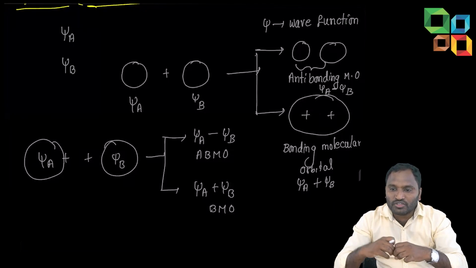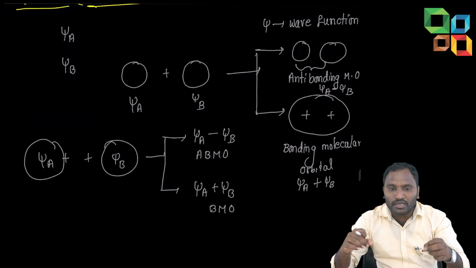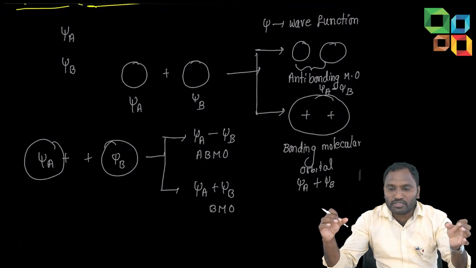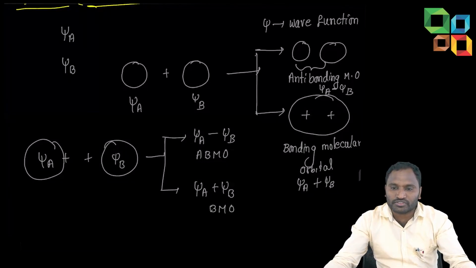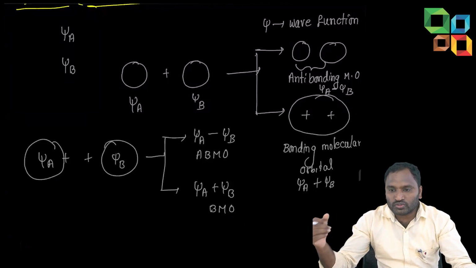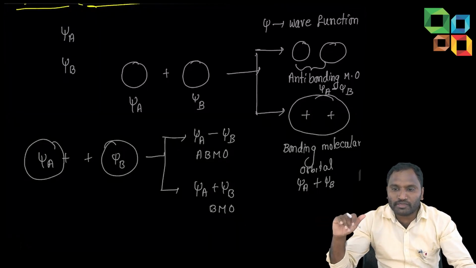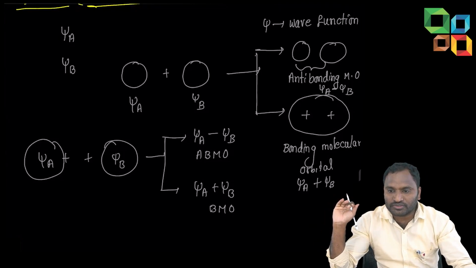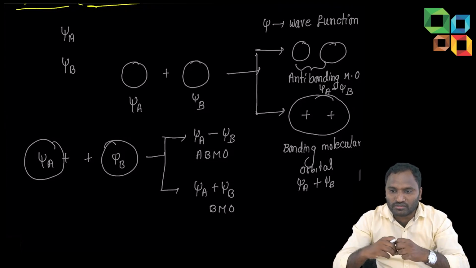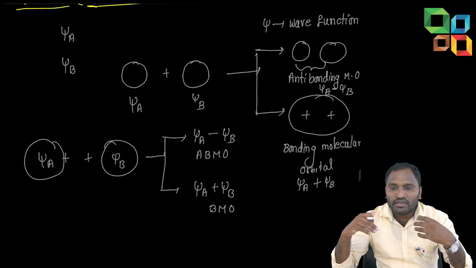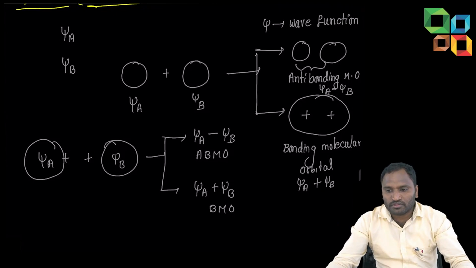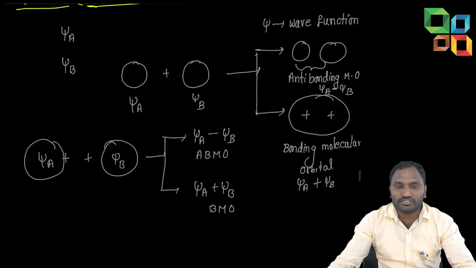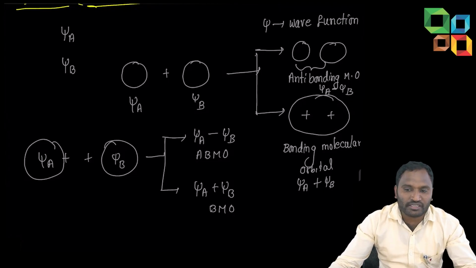Once they form a bond, they lose energy. Formation of bonding molecular orbitals is like an exothermic process. They lose energy, so the energy of a bonding molecular orbital is less than that of an anti-bonding molecular orbital. Understood, students? Bonding molecular orbitals form a bond and lose energy. Anti-bonding molecular orbitals have repulsions, so they go to a higher energy state and gain higher energy. Clear, students?